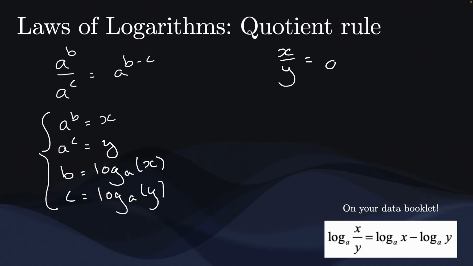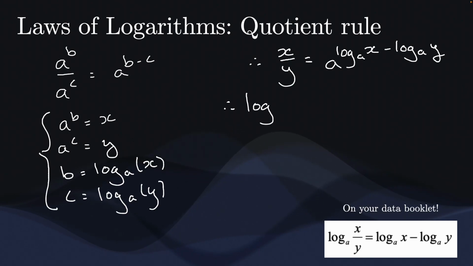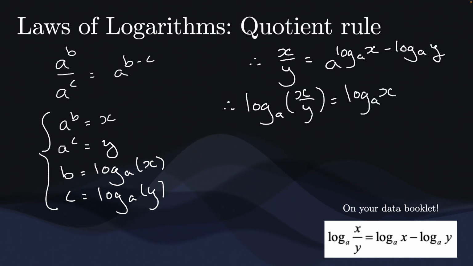So we can say that's a to the power of log base a of x minus log base a of y. Then again, we just use our definition of a log, and we find that log base a of x divided by y is equal to log base a of x minus log base a of y.